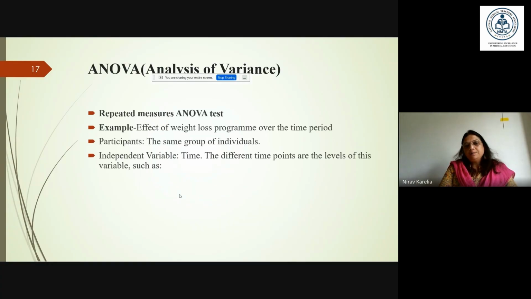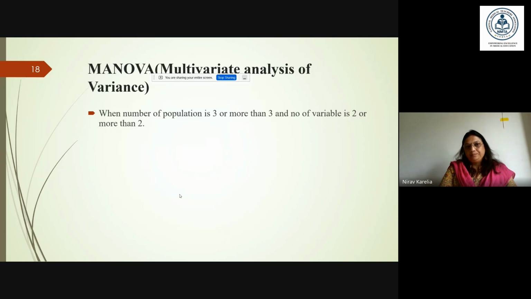Now come to the MANOVA, multivariate. So in univariate, your outcome or dependent variable is one, the exam score. Then you apply the ANOVA. Now suppose your population is 3 or more than 3, you know that you have to apply the ANOVA.